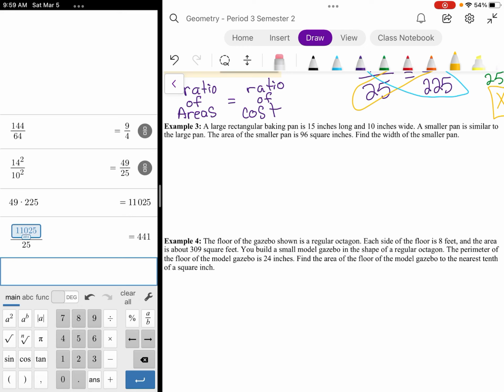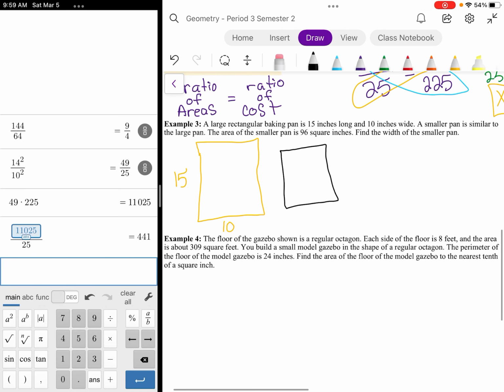Okay, so first let's draw a picture. We know we have this larger rectangular pan that is 15 by 10 inches. And we know there's going to be a smaller one in here that's similar. And the area of the smaller one is 96 inches squared. We want to find the width of the smaller pan.